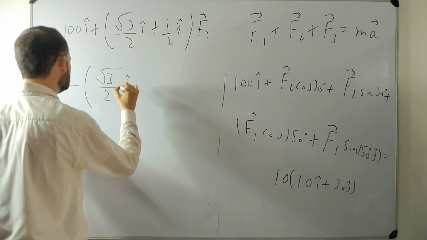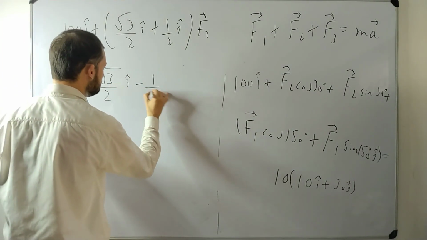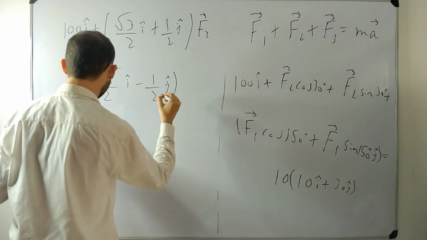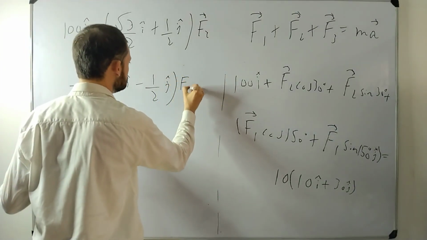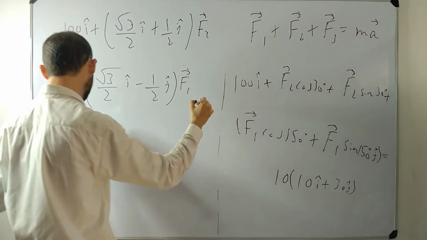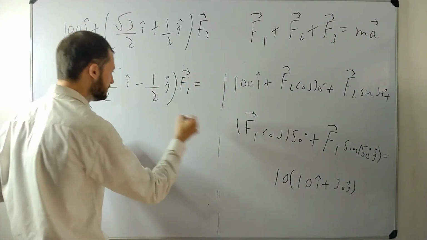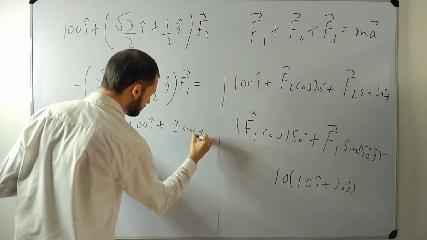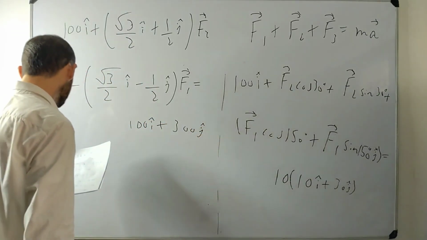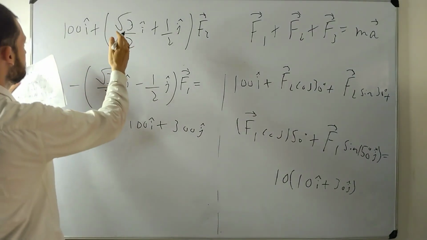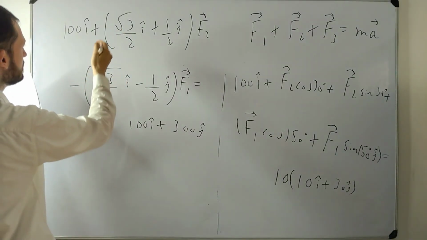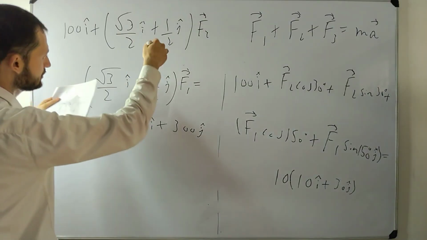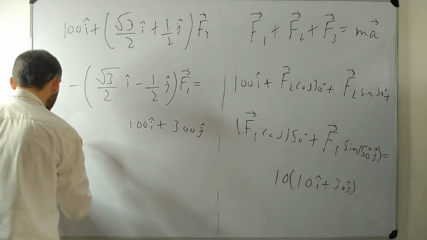I cap minus 1 by 2 J cap is F1, and this is 100 I cap and this is 300 J cap. Yes, students, definitely. Now put I cap vector into the I terms and J cap vector into the J terms. This gives us what according to the question.